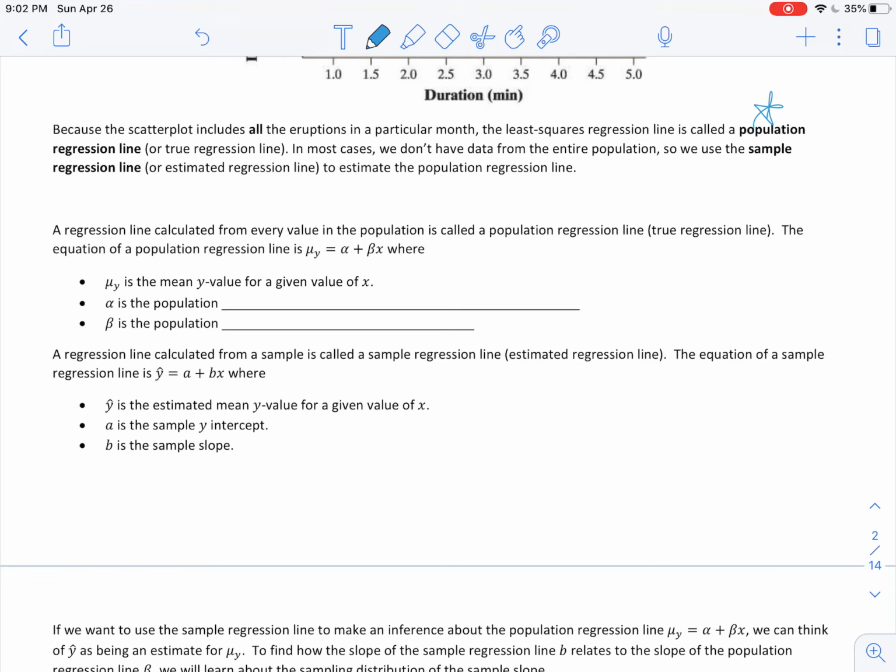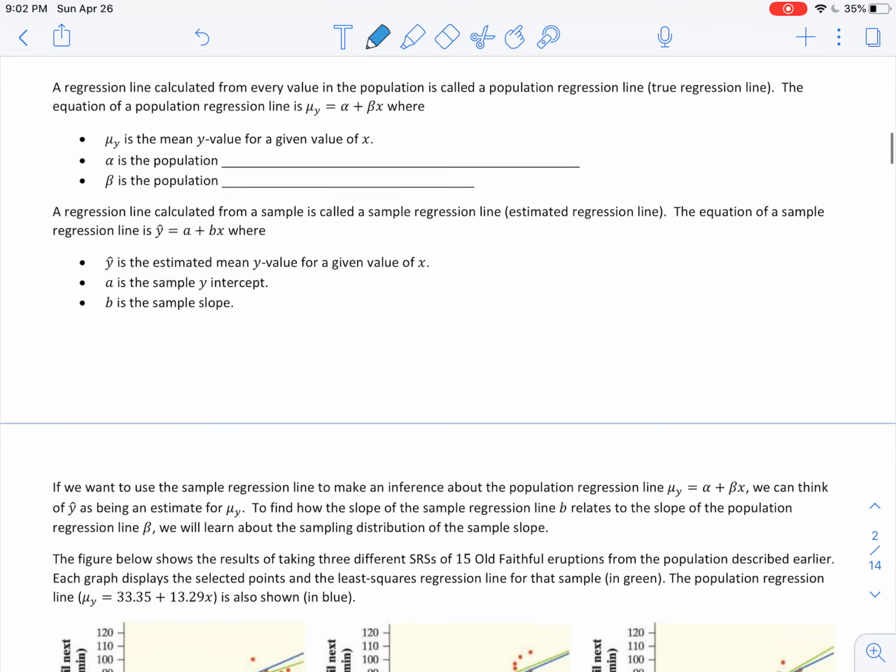So it's still going to look like a linear equation, but we're going to use some different symbols in it. So you're going to see here mu sub y equals alpha plus beta x. So the Greek symbols for it. Alpha in the place of a, beta in the place of b. So mu sub y, instead of just saying y hat equals, it's not saying that your predicted y value anymore.